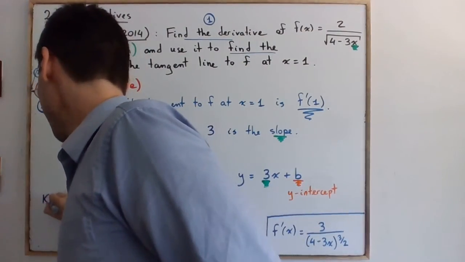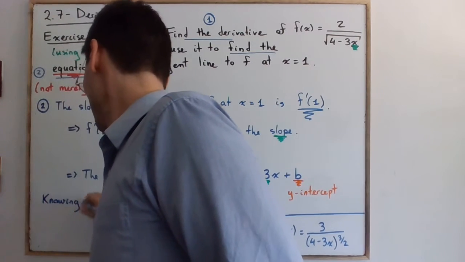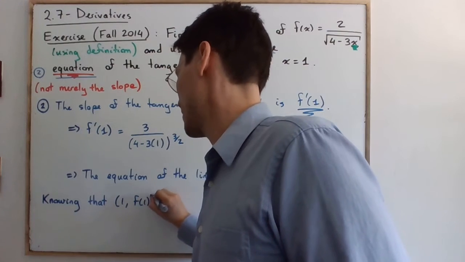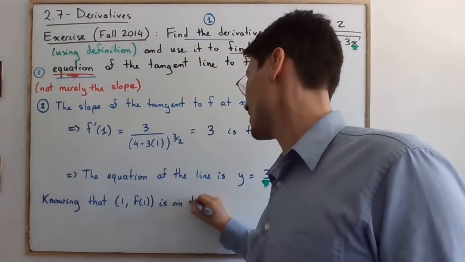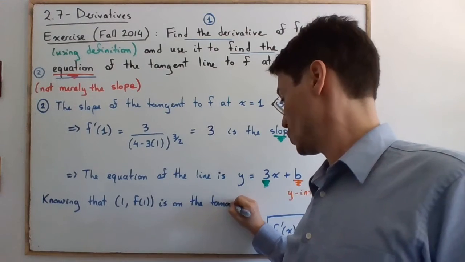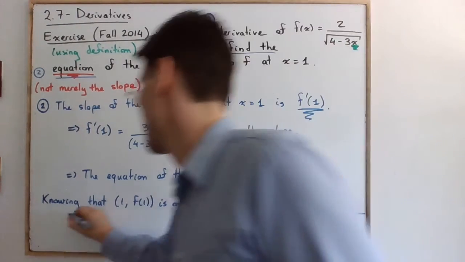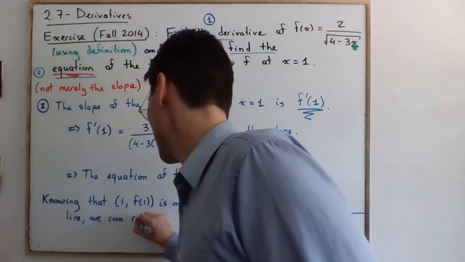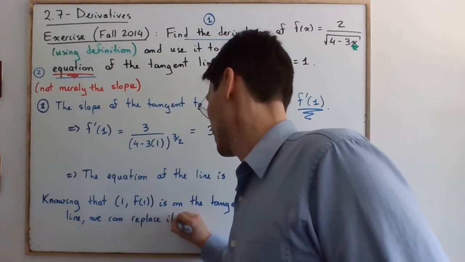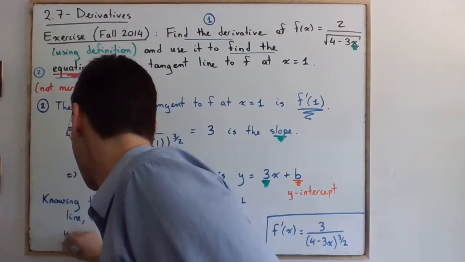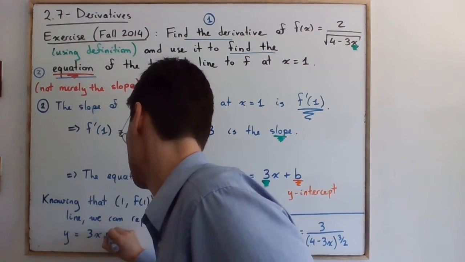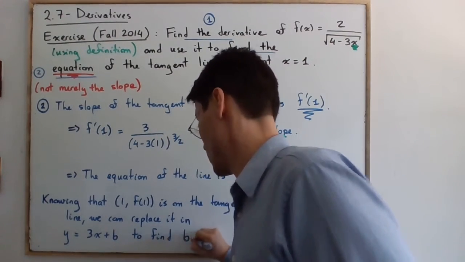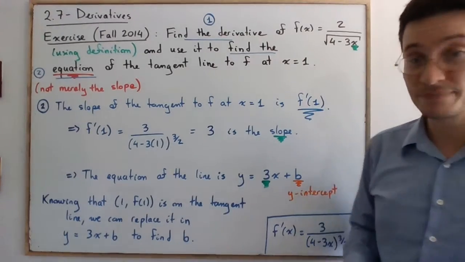So knowing that (1, f of 1) is on the tangent line, we can replace it in y equals 3x plus b to find b. That's what we are looking for, right?